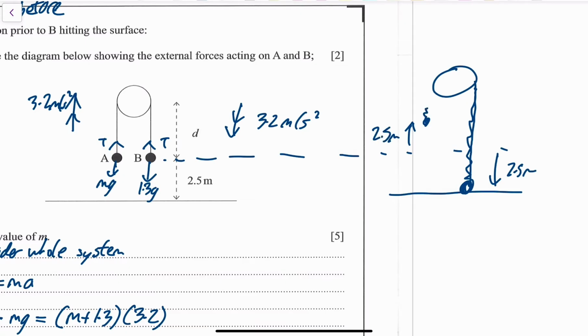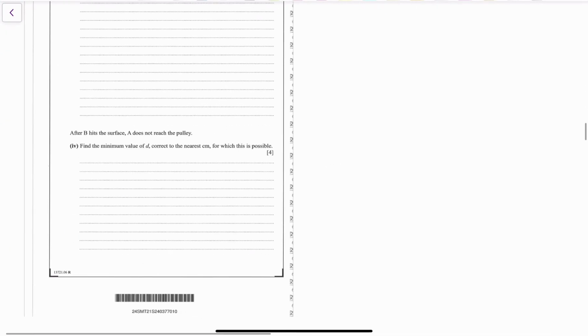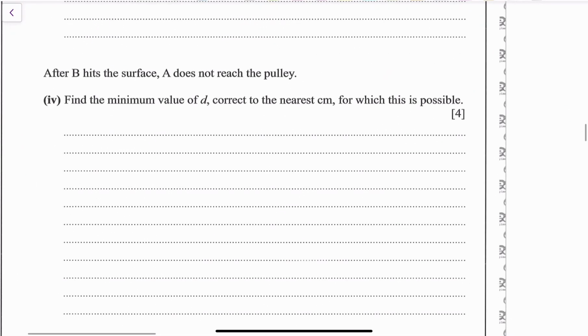And then that string is slack. That means its movement is 100% to do with gravity. There's no tension pulling it up. So it's now just moving under gravity. But it's already gone 2.5 up. Then you want to find the additional distance it can get to the pulley, basically. So we just have to add in a wee bit of working out here.